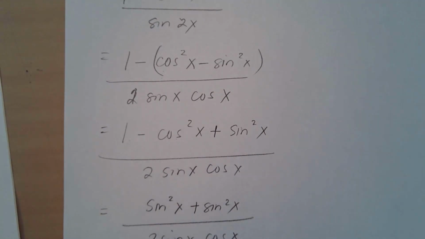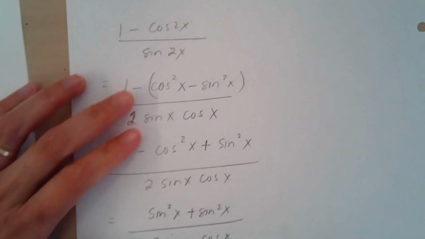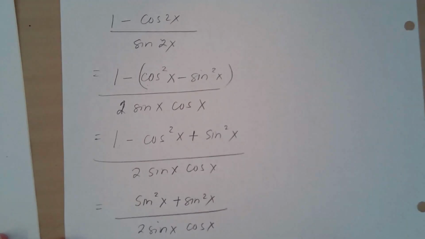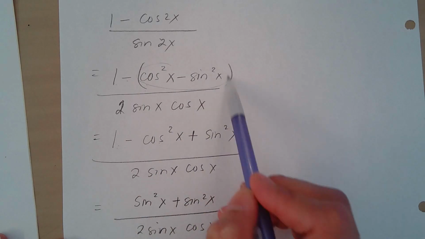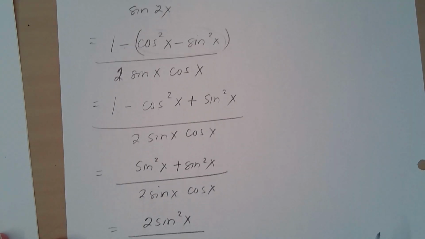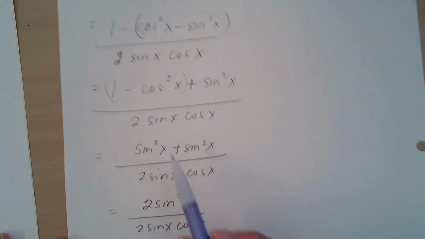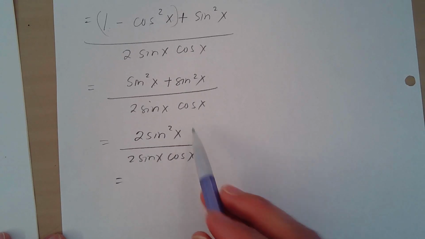So instead of that identity, I use a different identity. This is the identity that I used this time. 1 minus this one. And then I ended up saying, okay, well, these become sine squared of x plus sine squared of x is 2 sine squared of x.